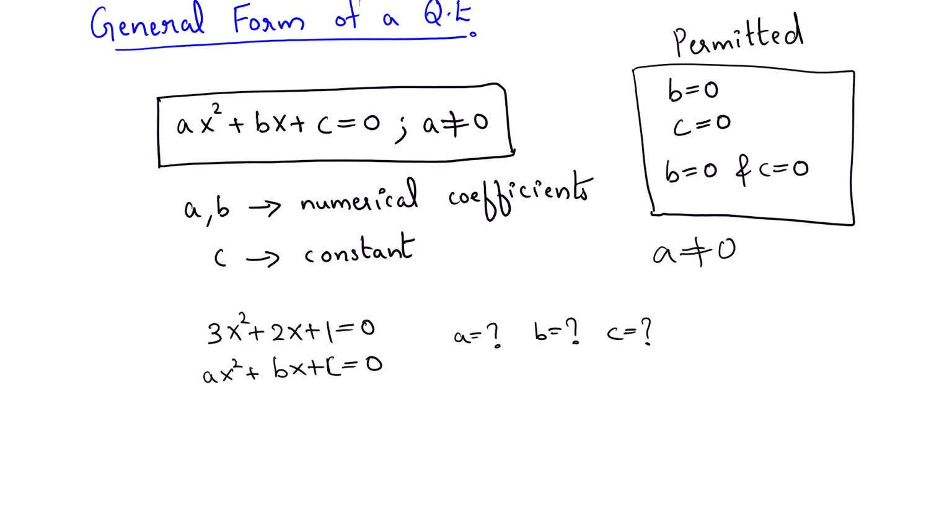The coefficient of x square is a, right? So in this example, the coefficient of x square is 3. So a is equal to 3. Now b is the coefficient of x. So in this equation, the coefficient of x is 2. So b is equal to 2. Now in the standard equation, the constant term is c. And in this equation, the constant term is 1. So c equal to 1.